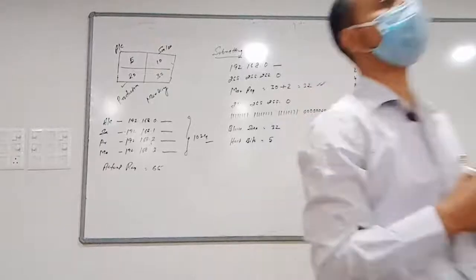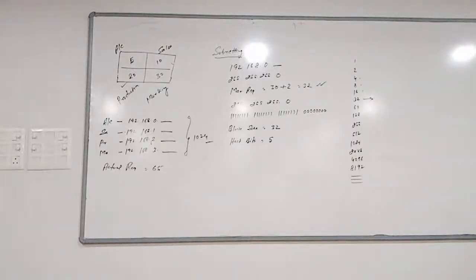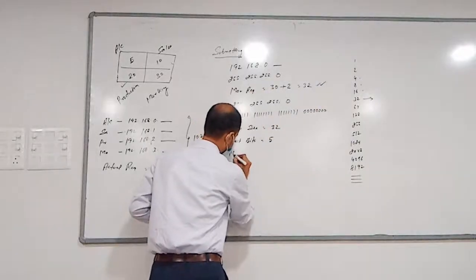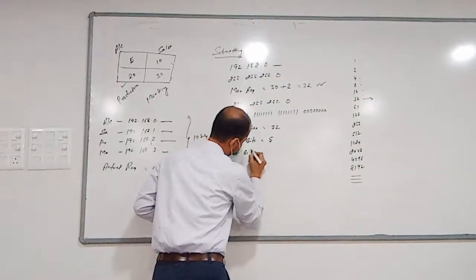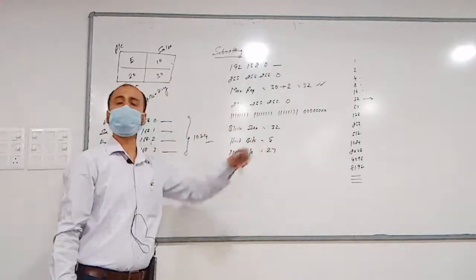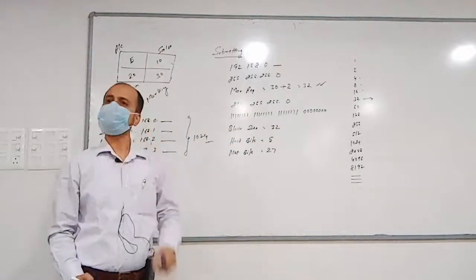How many bits are there in IPv4? 32. Out of 32, 5 are used for host, then network bits will be 27. Network bits 27, 27 plus 5 is 32. Correct?